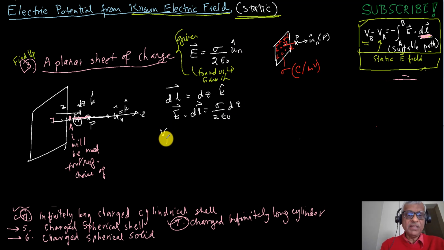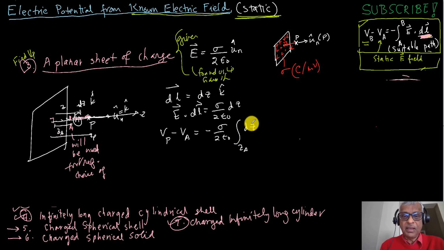So V at P minus V at A turns out to be minus sigma over 2 epsilon naught times the integral of dz from ZA to ZP, which is sigma over 2 epsilon naught times ZP minus ZA.